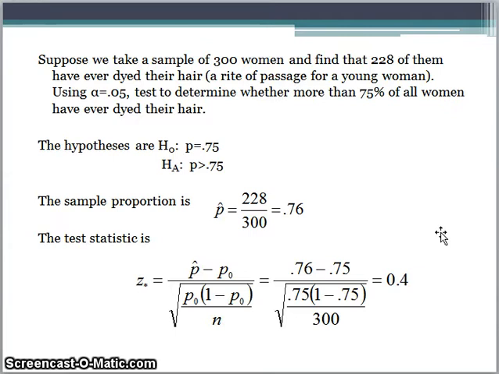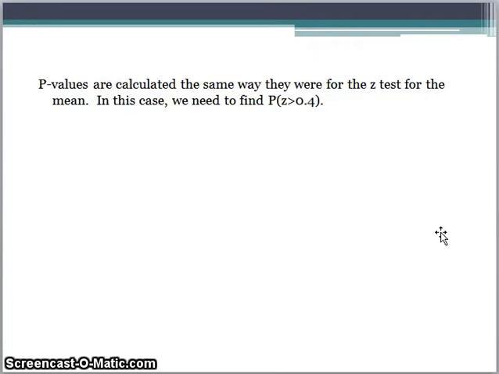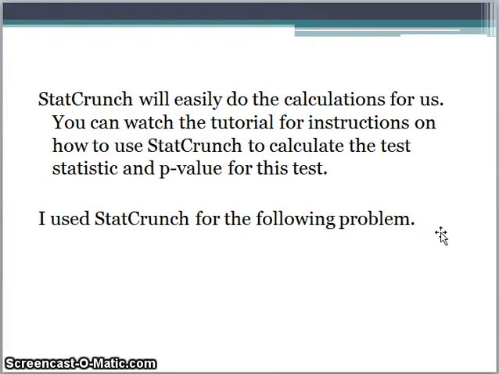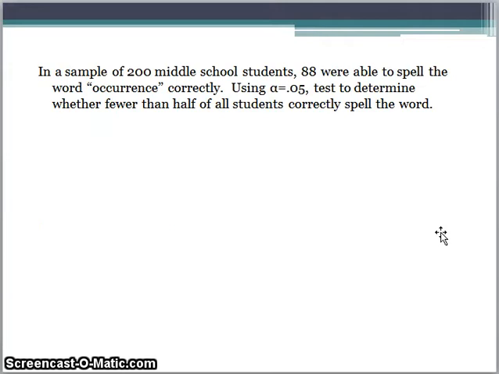According to this example, 76% in the sample doesn't give us enough evidence that more than 75% of the population has that characteristic. Okay, so I'm not going to make you do those by hand, but that example is there if you want to see it. For this example, I just used StatCrunch.